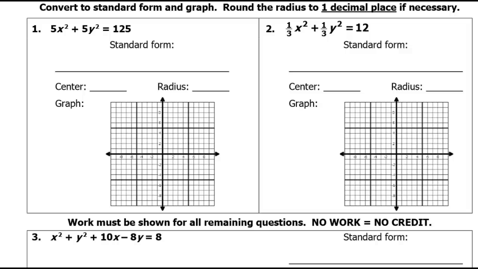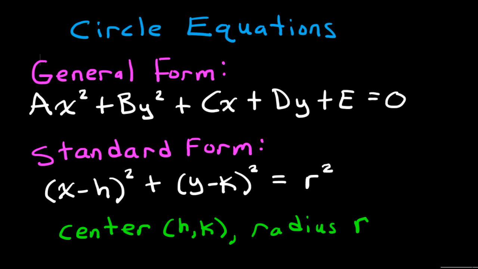In this video, we will revisit the equation of a circle, and I'm going to teach you how to rewrite the equation in standard form. Now, here's two forms for the equation of a circle. There's general form, which just has the equation written almost like a polynomial with no parentheses or anything like that.